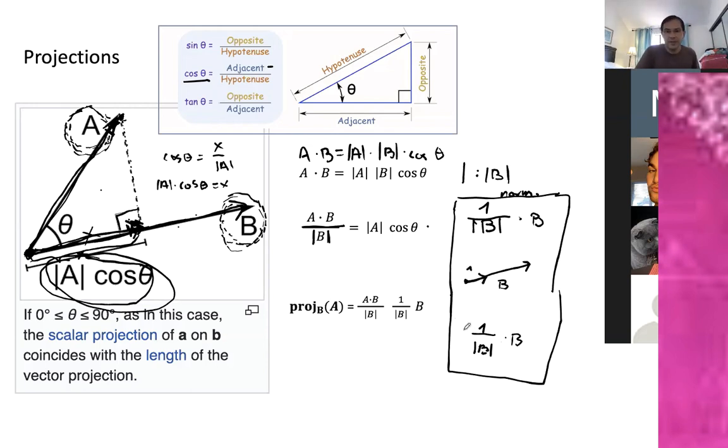Because compute the length of this vector: it is 1 over the length of b times the length of b, which is 1. So the length of this vector is equal to 1.